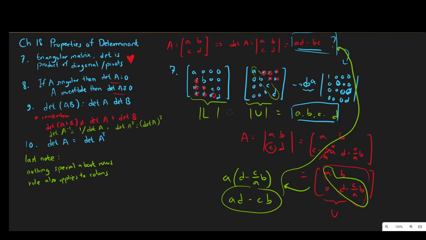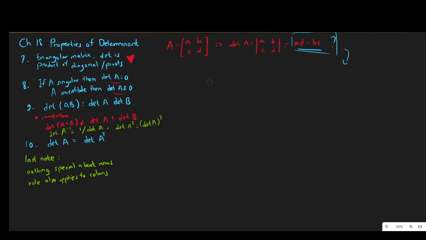Okay, so that's property number 7. Let me clear up some space here. About properties number 8 and 9, I'm just going to state them as statements rather than something to prove. Number 8 says that if A is singular, then the determinant is 0, and if A is invertible, then the determinant of A is not equal to 0.